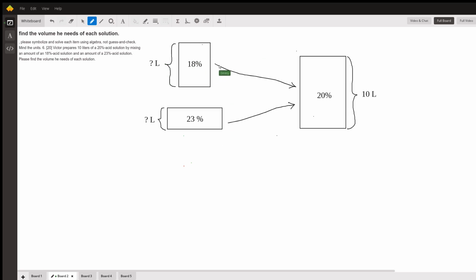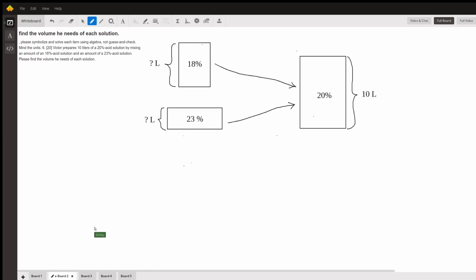One of the boxes represents an 18% acid solution. The second box is a 23% acid solution, and on the right is the result. It's a 20% acid solution with an amount of 10 liters. And then we have a few question marks that represent what we are going to find.